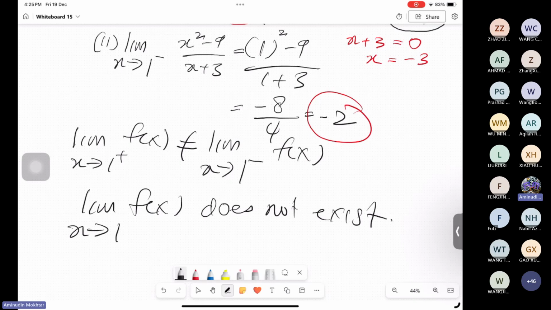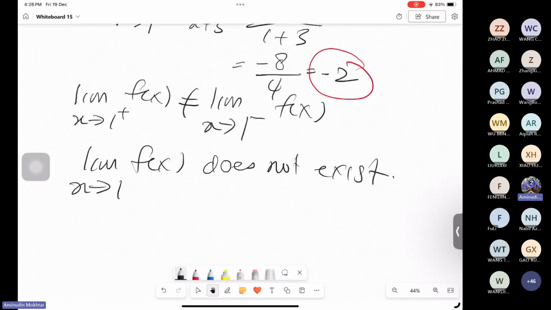What is the implication when the limit does not exist? When the limit does not exist, we can conclude that the function is discontinuous, not continuous, at point x equal 1.